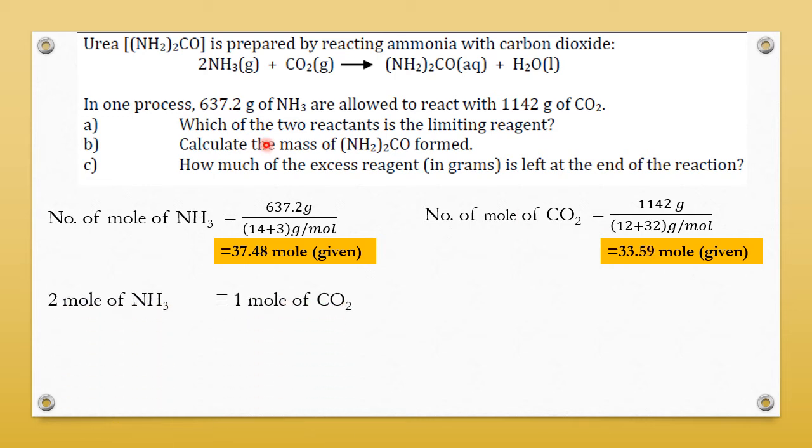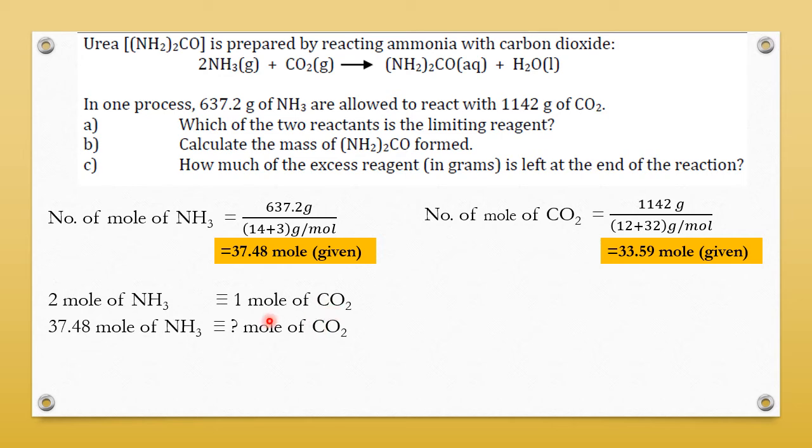So based on the balanced stoichiometry, we can write the stoichiometry equation: 2 mole of ammonia will need to react with 1 mole of carbon dioxide. So if I have 37.48 mole of ammonia, how much carbon dioxide will be needed?